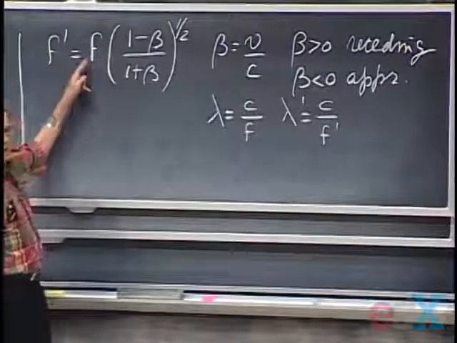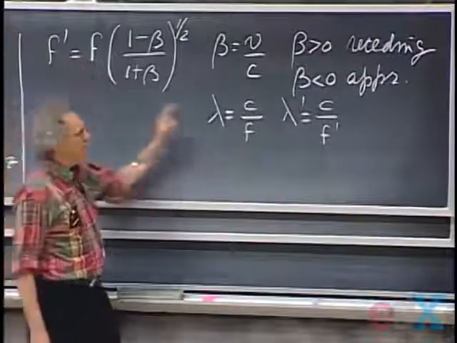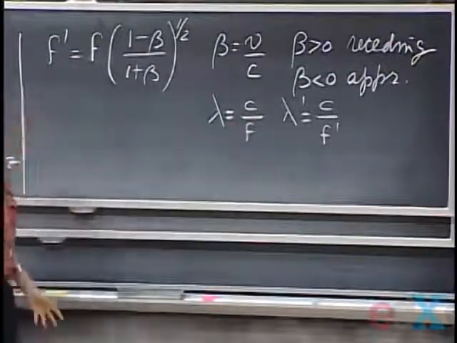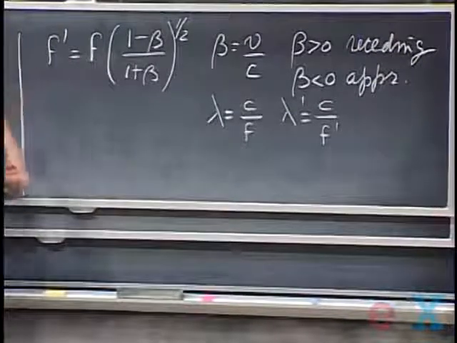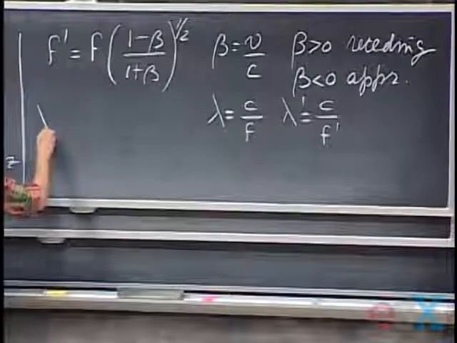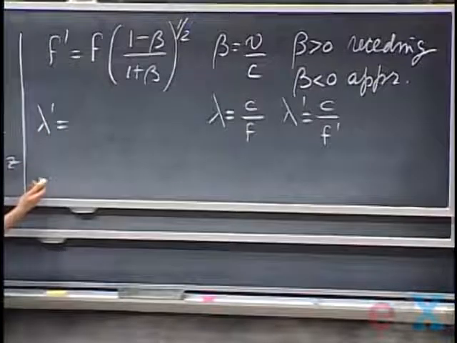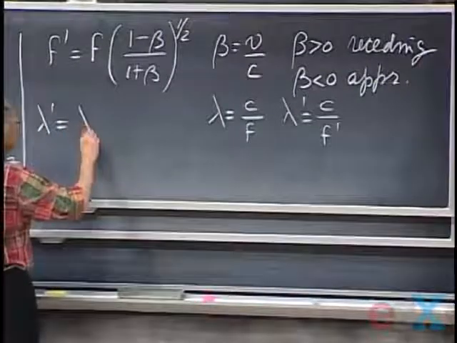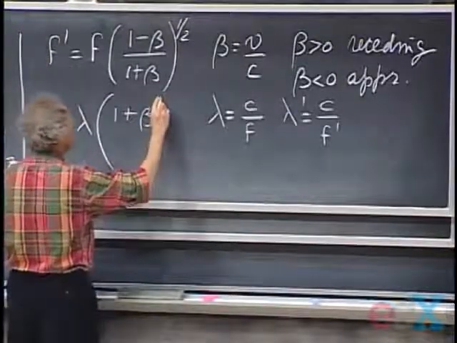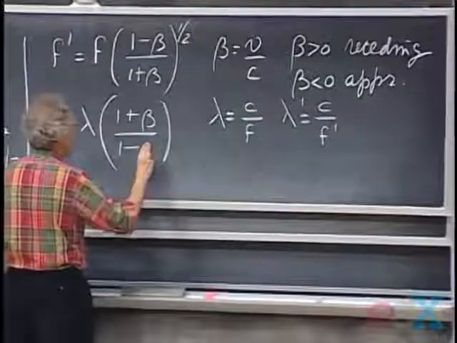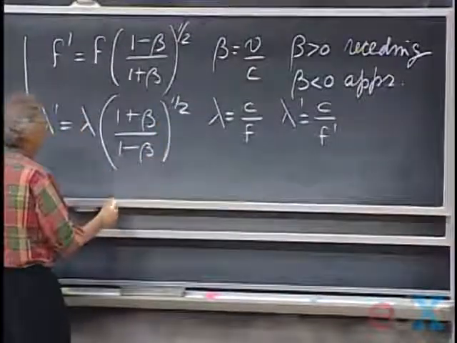So I can substitute in this f, c divided by lambda, which is more commonly done. So this Doppler shift equation for electromagnetic radiation is more commonly given in terms of lambda. But of course the two are identical, and then you get 1 plus beta upstairs divided by 1 minus beta, to the power 1/2.